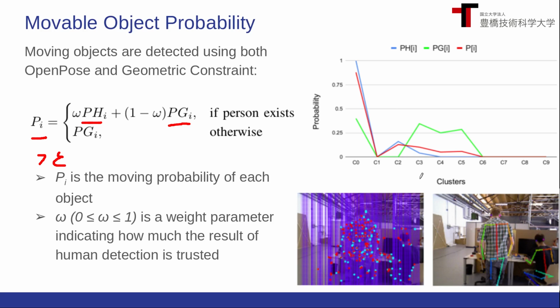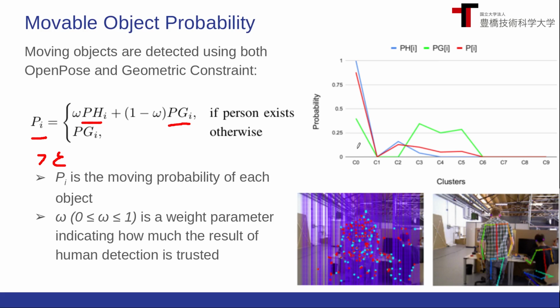For example, we cluster each image into 10 clusters or 10 objects. We calculate the moving probability, the geometric probability, and the human OpenPose probability of each object.